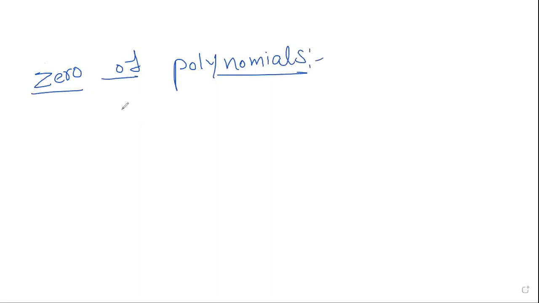Next one is the zero of a polynomial. Okay, take an expression p of x is equal to 2x minus 4. P is nothing but polynomial. P of x is equal to 2x minus 4; this is an expression. So the zero of a polynomial is the value of x which makes the polynomial 0.